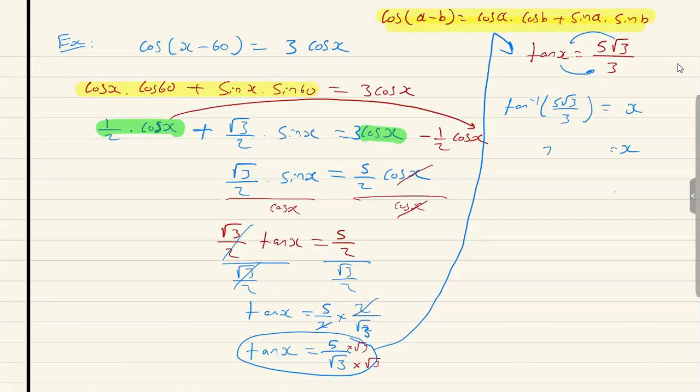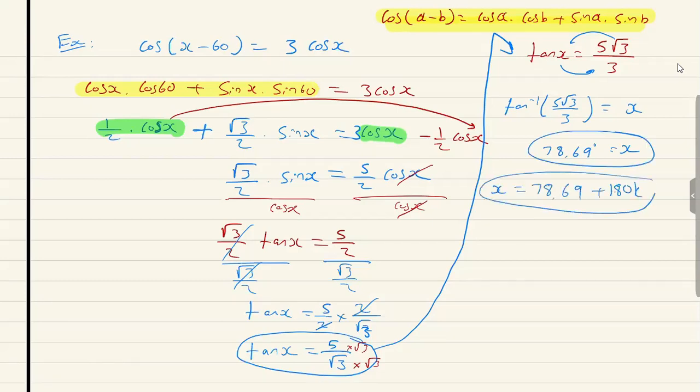So x is equal to 70.89 plus 180k, because this is for tangent, and k is an element of integers. I thought she said 78.89, but it is 70.89. Thank you.